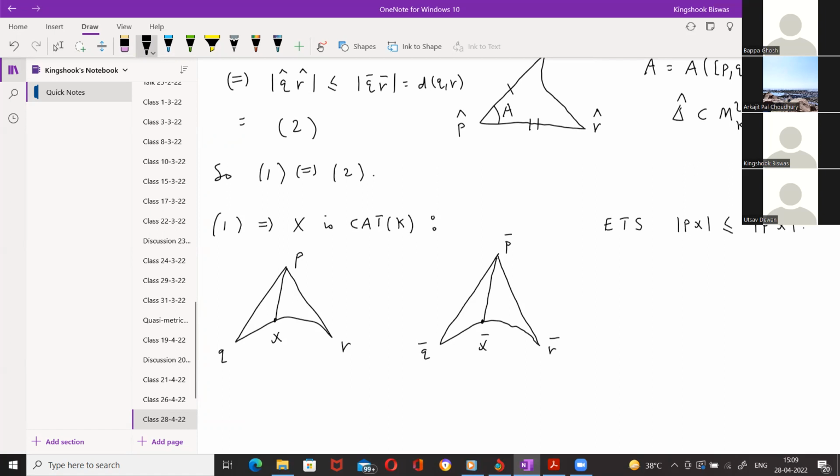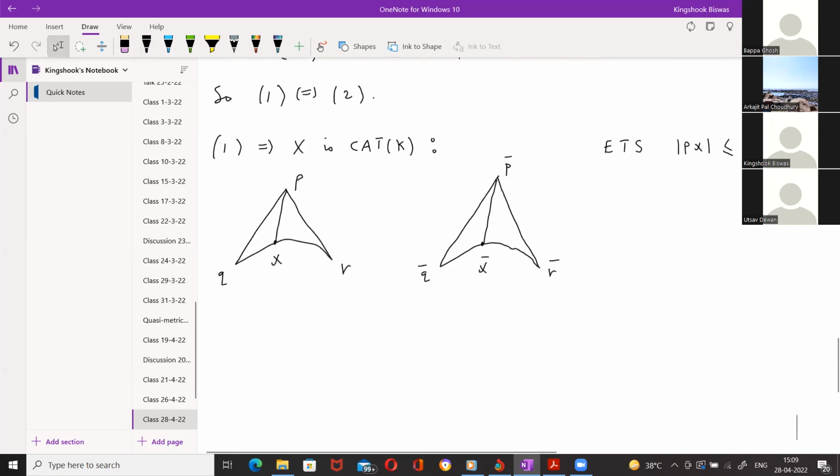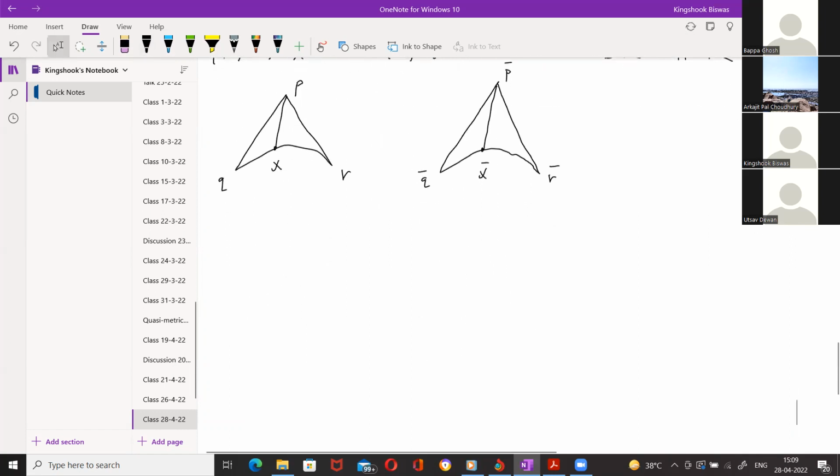Yes? Okay. Right? Yes. Okay. So now what I do is the following. I look at these triangles, PQX and PRX. So I form two comparison triangles for them.